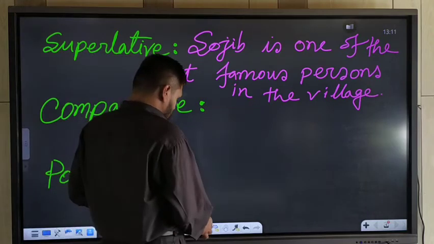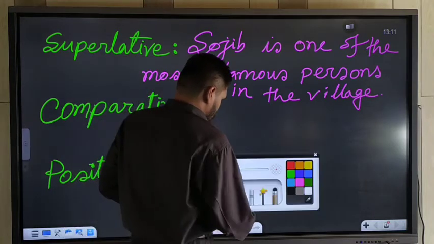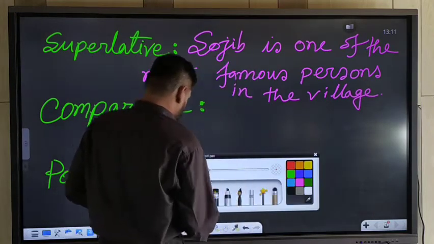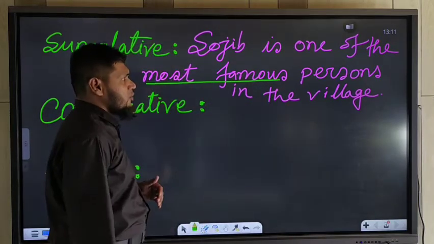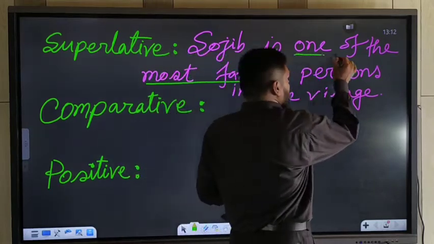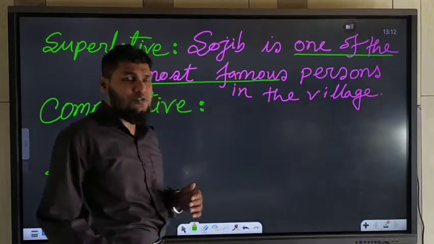You should use the plural form of the noun persons. So most famous is the superlative form and one of the is used before the superlative form.